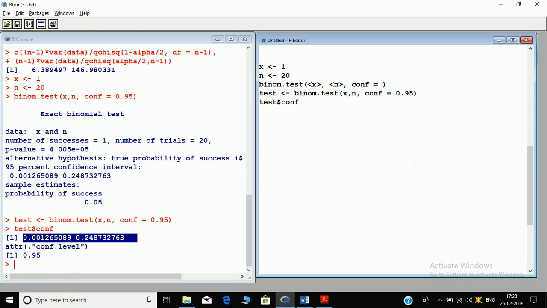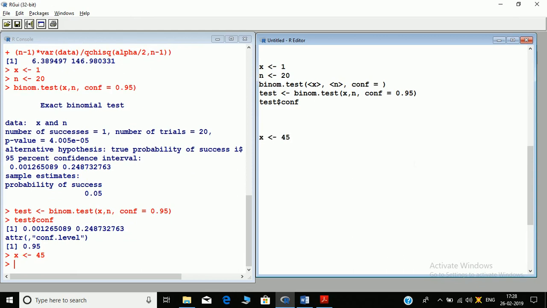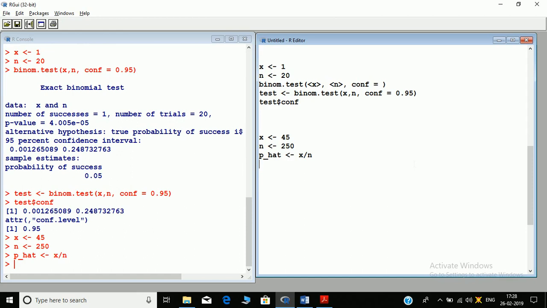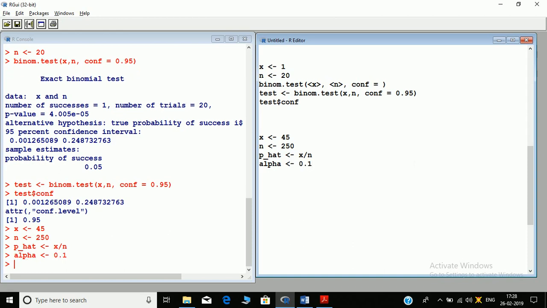Let's see. x is 45, n is 250, and p hat is x by n as we saw. Here alpha becomes now what? Since I have a 90% confidence interval, alpha becomes 0.1, and then my CI comes.